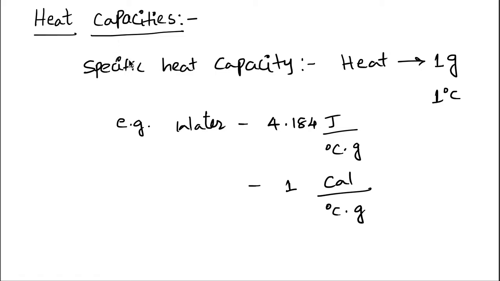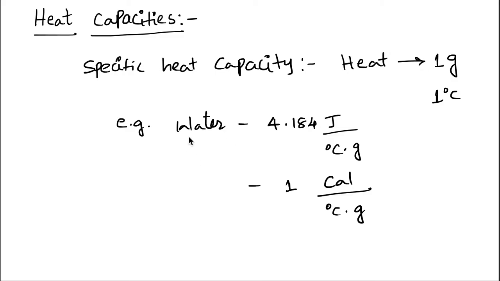Heat capacity is defined as heat required to raise the temperature of a substance by 1 degree. And if we specify the mass, we can call it specific heat capacity. So, what is specific heat capacity? Specific heat capacity is heat required to raise 1 gram of substance by 1 degree.